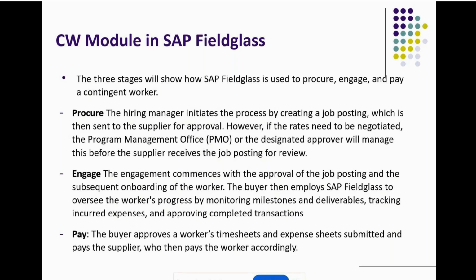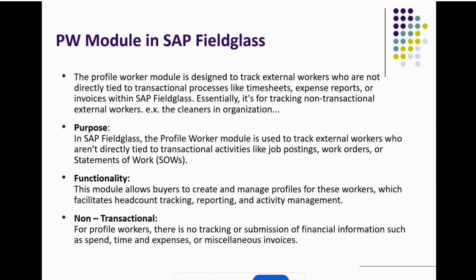Let me move this further and let you know what the slide says. These are just for tracking purposes and not directly tied to the transactional process. There is no assignment of these workers to projects or anything. They do not have any timesheets; they are just non-transactional external workers.